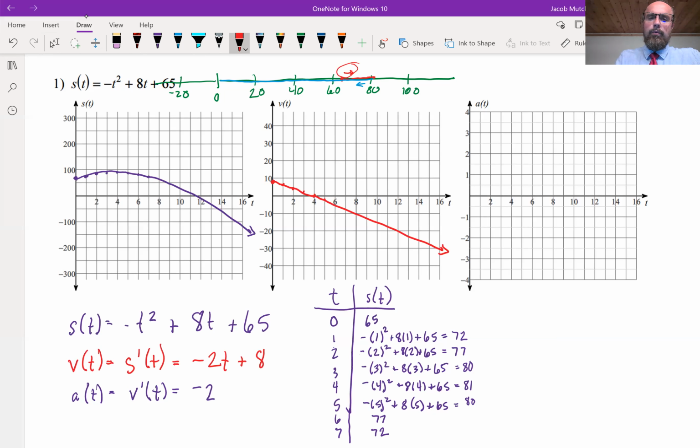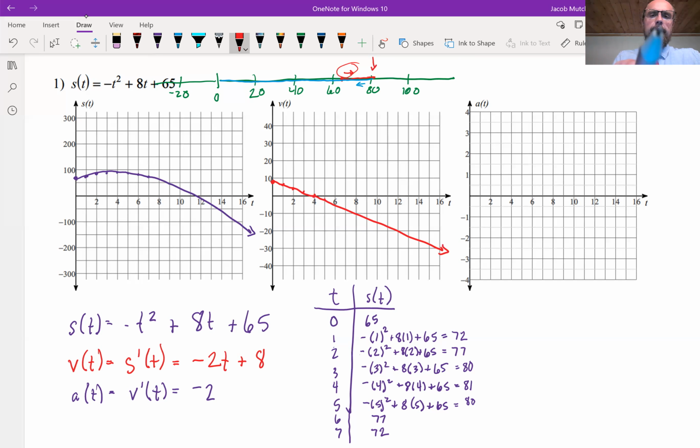At the moment where this linear function crosses the x-axis, the velocity is 0. That corresponds to this moment right here when the particle stops and turns around. Then when the velocity dips below the x-axis, it's becoming negative, and so it's headed in the left direction. So again, the velocity function gives us information about the nature of this particle's motion.